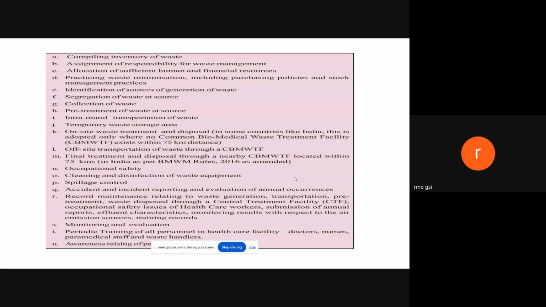Then the administrative aspect is to provide the proper budget and proper facility, material and equipment which are required for the segregation, leak-proof transportation, internal transportation, temporary storage, and budget for the immunization of the staff, those who are dealing with the waste.